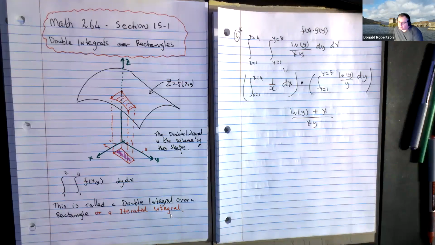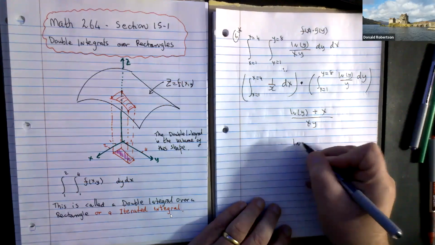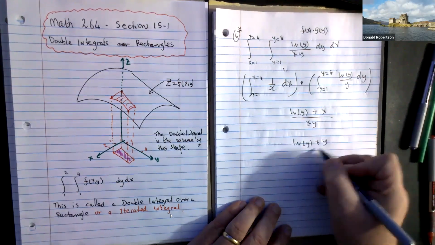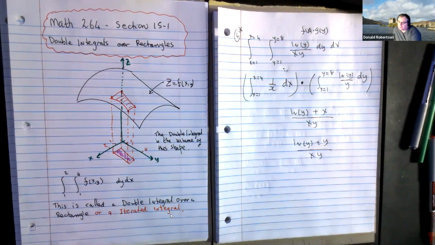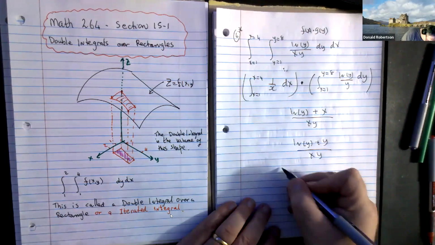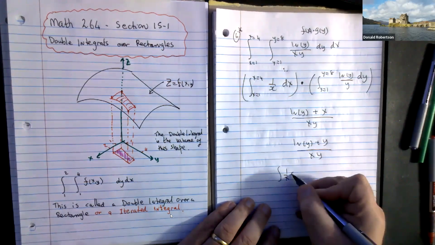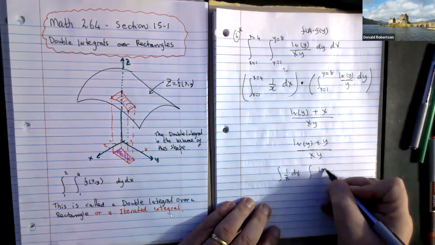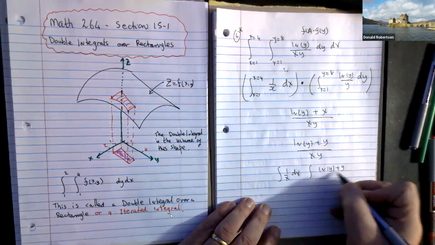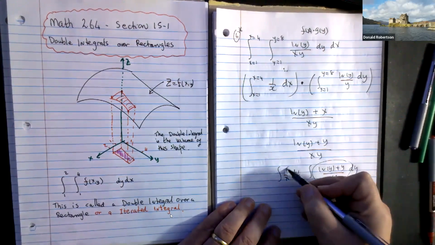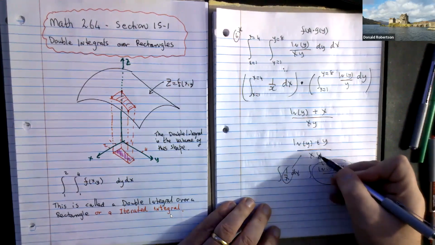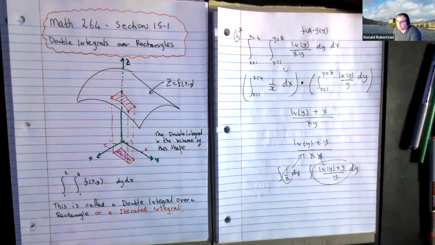Agreed? But if it was that guy, I could separate that out. Couldn't I separate it as a 1 over x? And if you take this guy and you multiply it by this guy, don't you get the guy you started with?